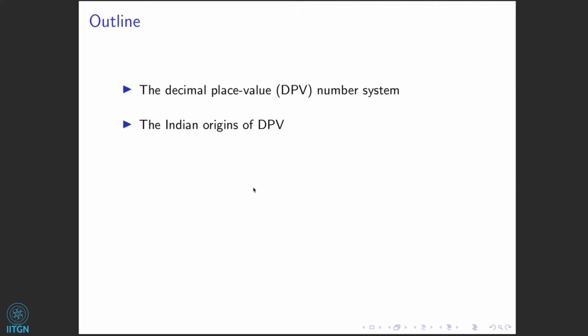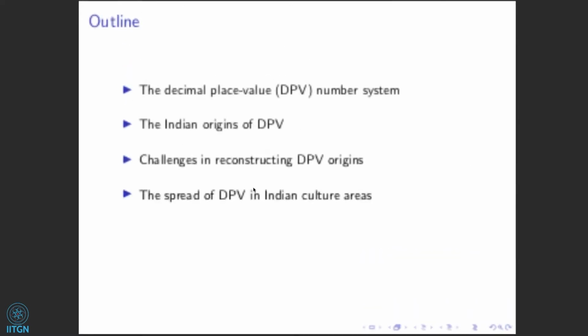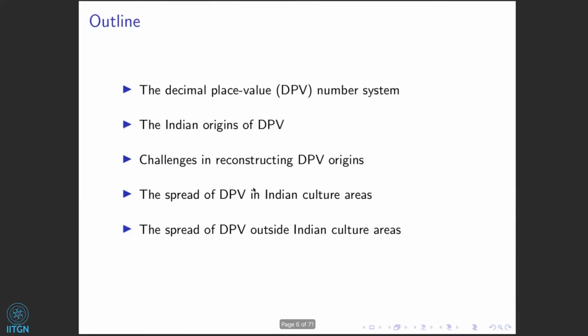And then we'll get into the historiographically interesting stuff, the challenges that we encounter in trying to reconstruct the origins of this system, and examine what we know about how the system spread within Indian culture areas, and how it was received as a form of foreign knowledge some time after that.